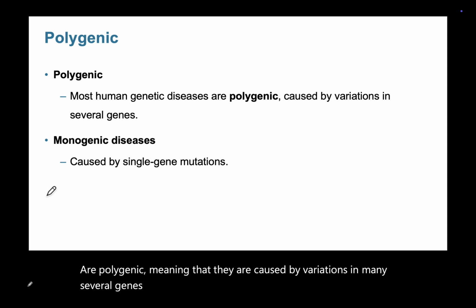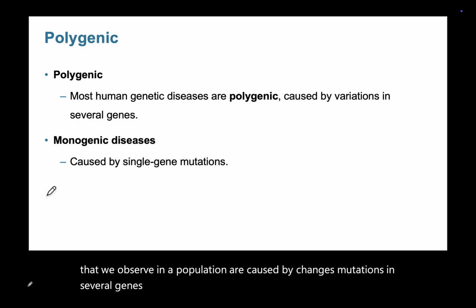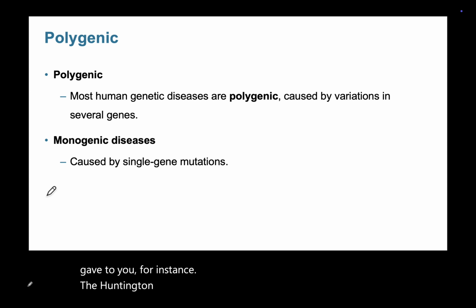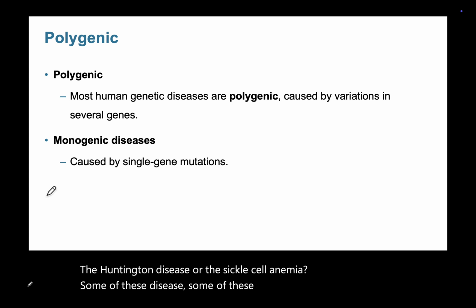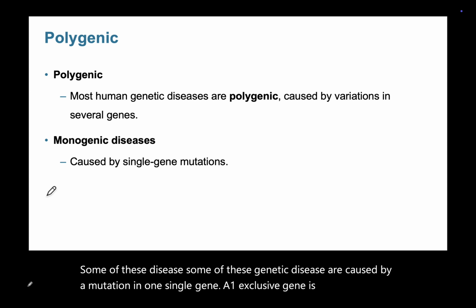Okay, so many of the genetic diseases that we observe in a population are caused by changes, mutations in several genes. However, I believe that in some of the examples I gave to you, for instance, the Huntington disease or the sickle cell anemia, some of these genetic diseases are caused by a mutation in one single gene. One exclusive gene is associated with that mutation.